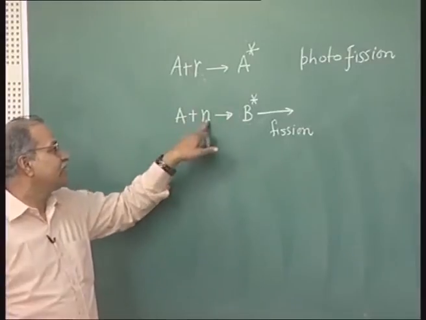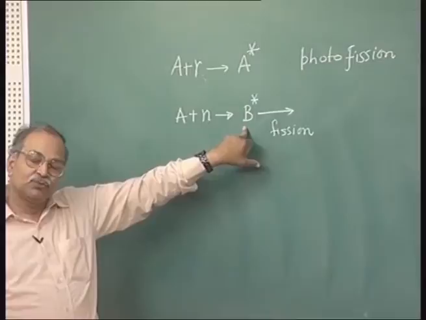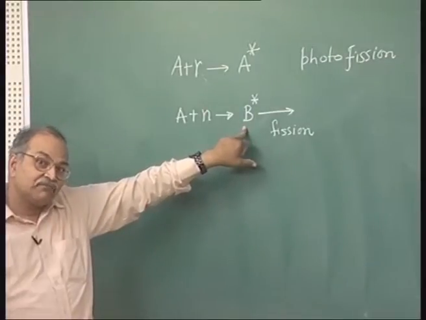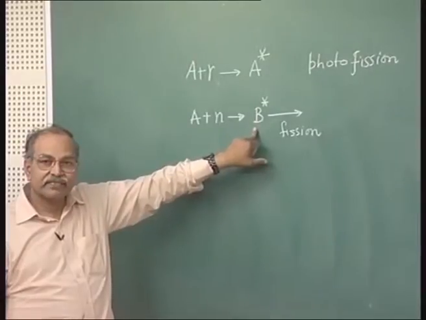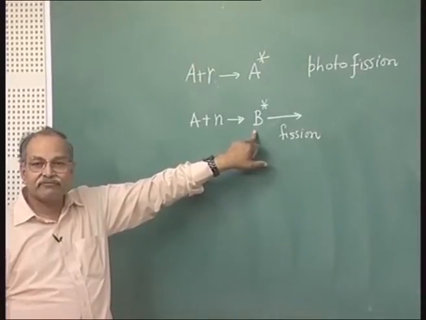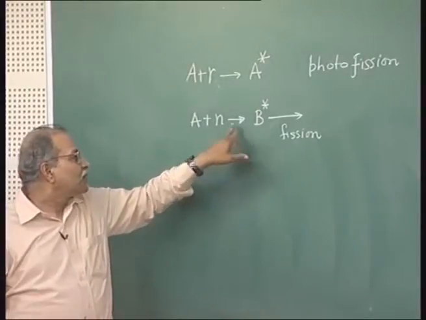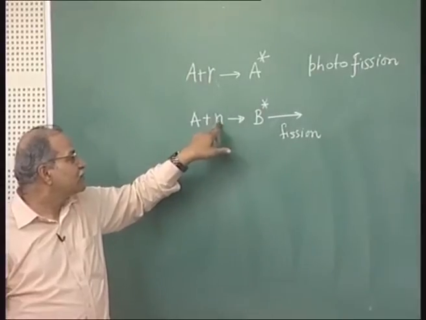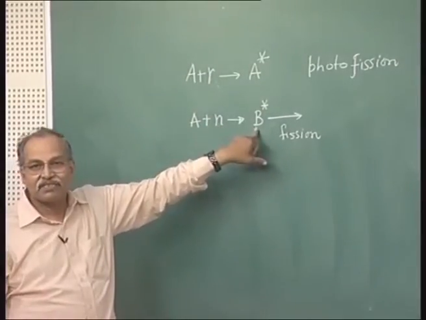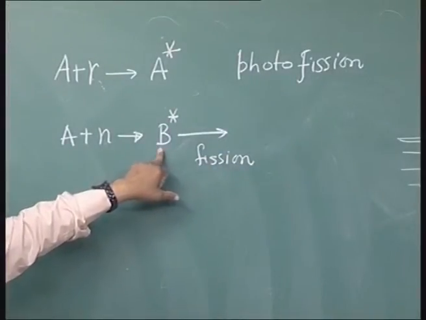If the neutron has a kinetic energy, then this will also have a kinetic energy to conserve the linear momentum, but we made calculations in the previous lecture that this kinetic energy will be much smaller. It will be smaller by a fraction of the mass of the neutron divided by the mass of this particle. So, that kinetic energy part is almost negligible.